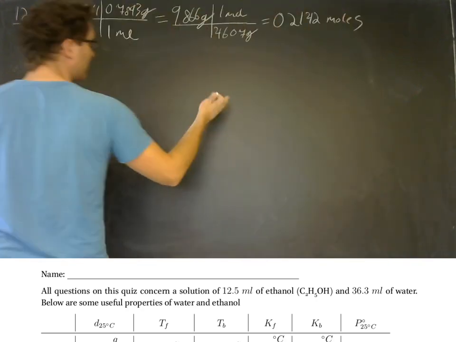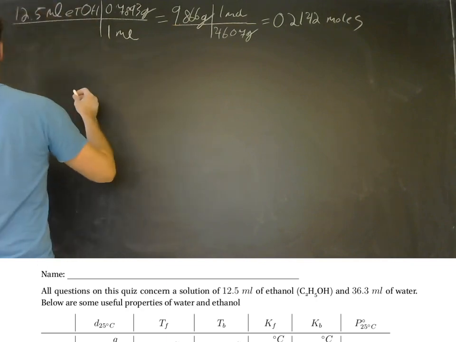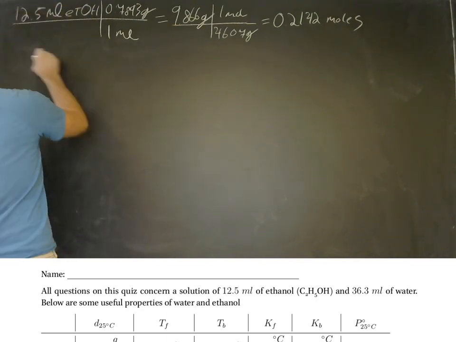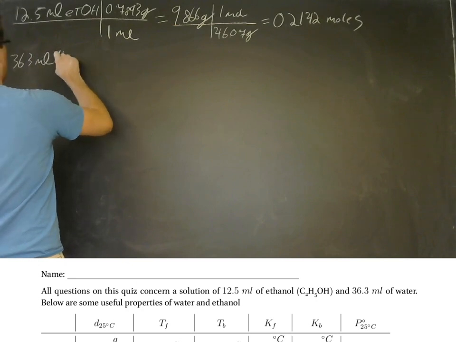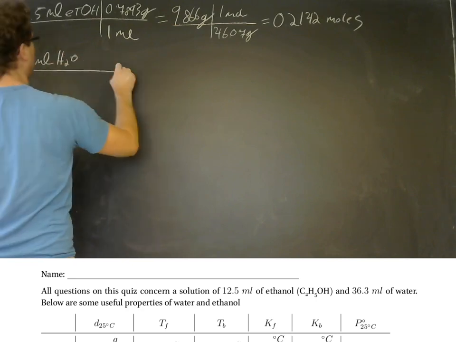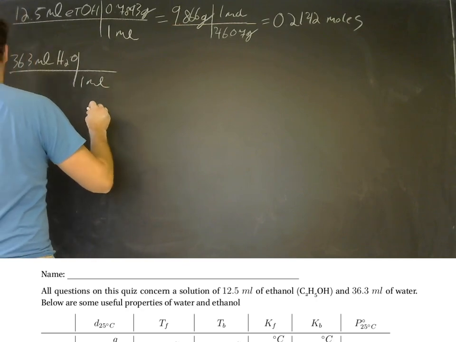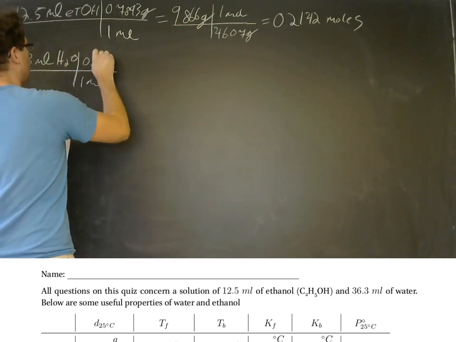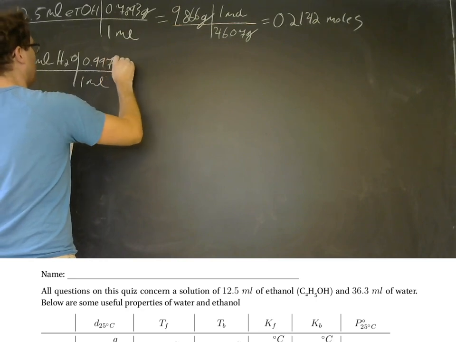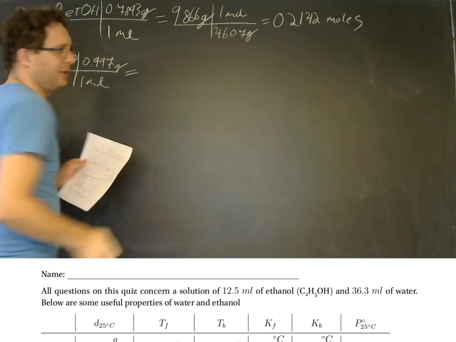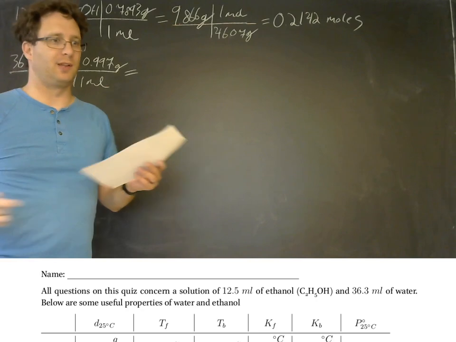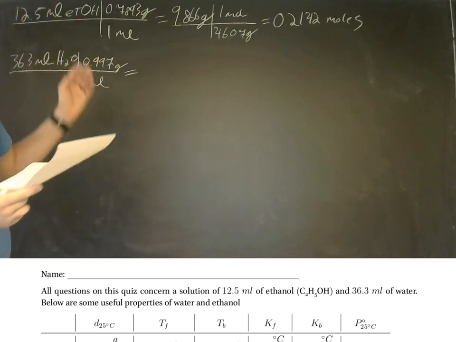We'll do the same thing for the water. That's 36.3 milliliters of water, and 1 milliliter of water is 0.997 grams. I'll often be lazy and just say it's 1 gram per milliliter, but technically it's not quite.